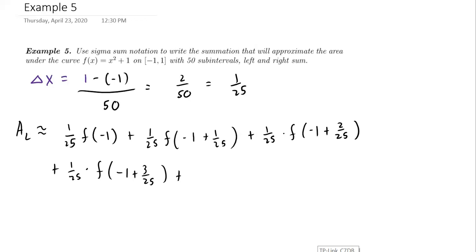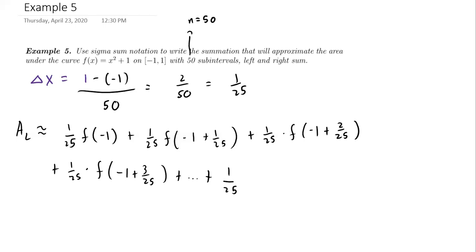We do this all the way until where? What's the last one? Well, I told you before that if you're doing a left endpoint, you want to go up to n minus 1, where n is the number of subintervals. Okay. So here we have n equals 50.